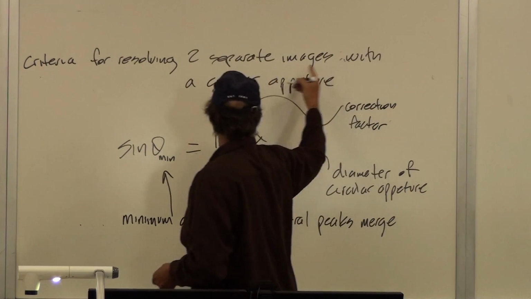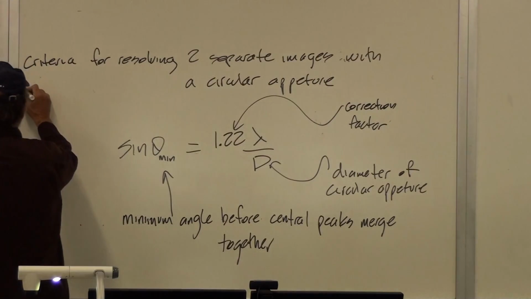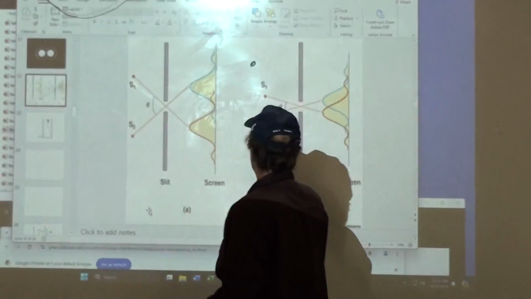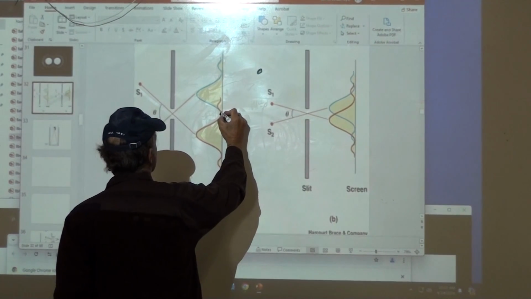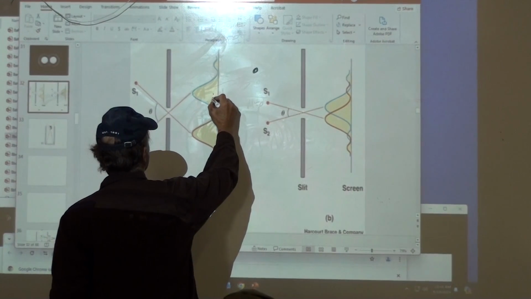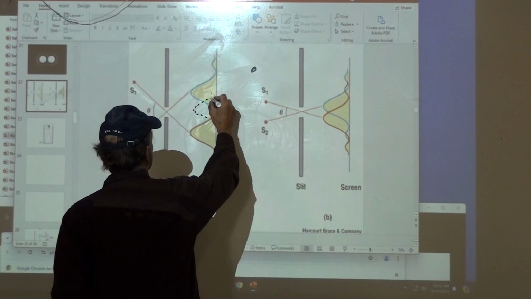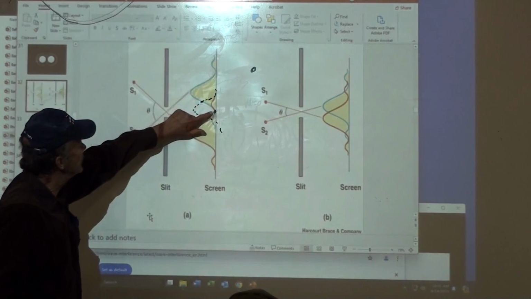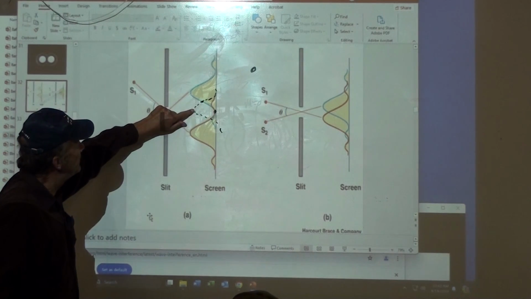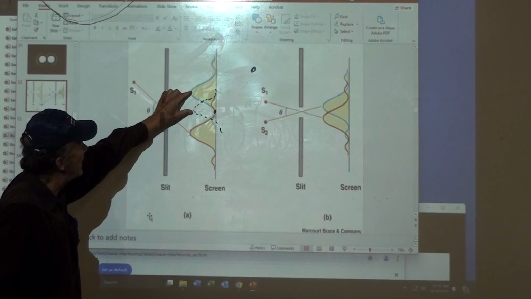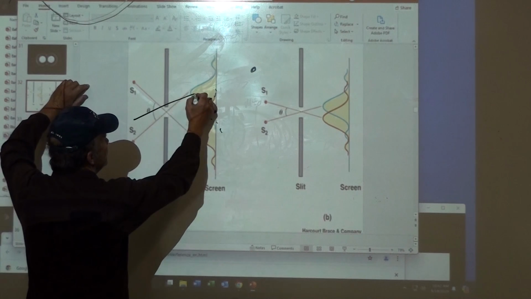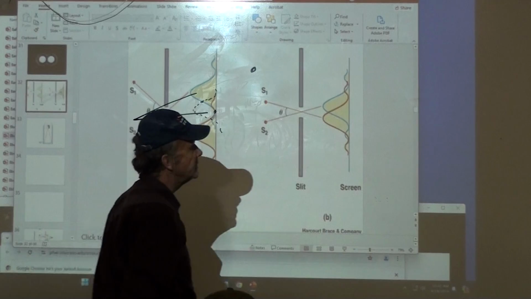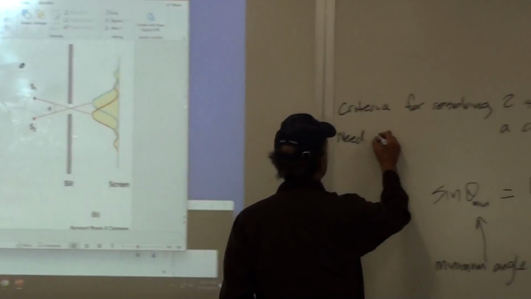But the criteria for being able to resolve these is that you need to have the minimum from the first and the maximum from the second no closer than that. In other words, when the m=1 minimum lines up with the m=1 maximum, that corresponds to your theta minimum. And that's called the Rayleigh criterion.